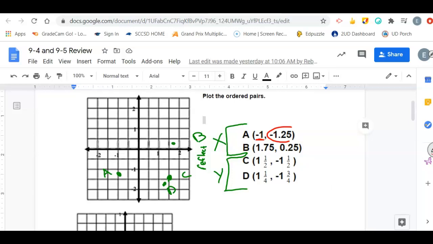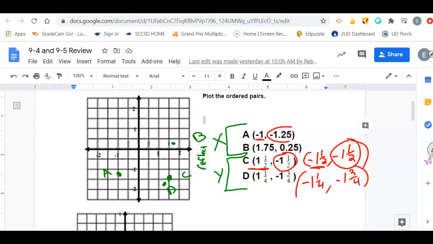Jack. X becomes the opposite. Y stays the same when we are reflecting across the y-axis. Okay. D. Nikki. You agree? I agree.